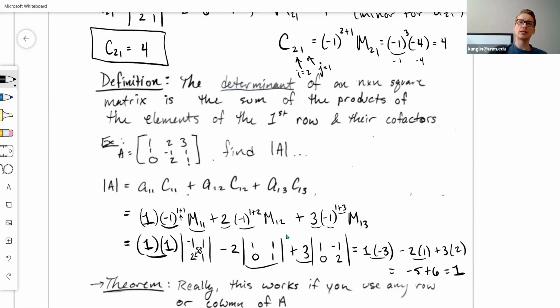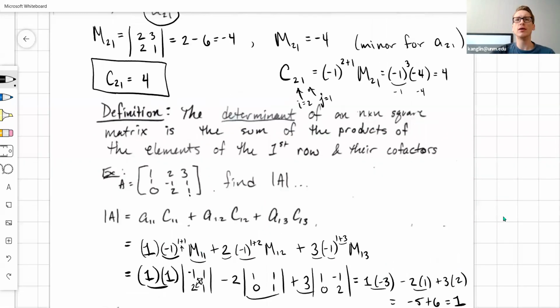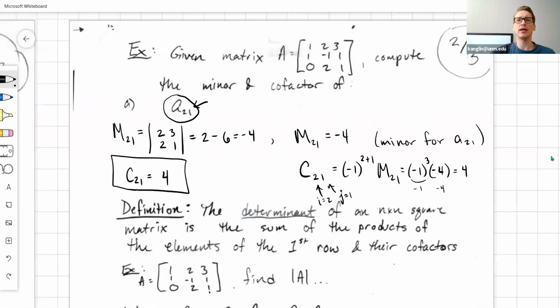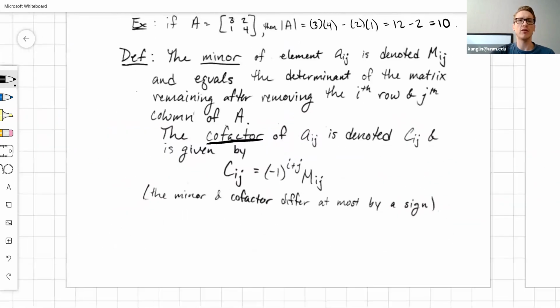And so you might notice that, and if you've worked with determinants before, you will certainly notice that probably you don't need to write this second step. Really, all you want to do is memorize the pattern that these signs take in the cofactors. Let me go back to the cofactors.